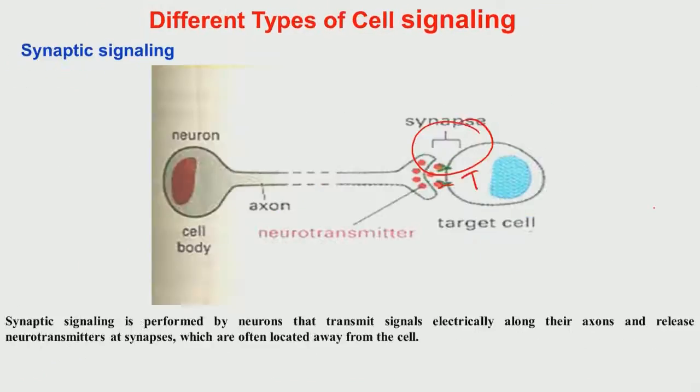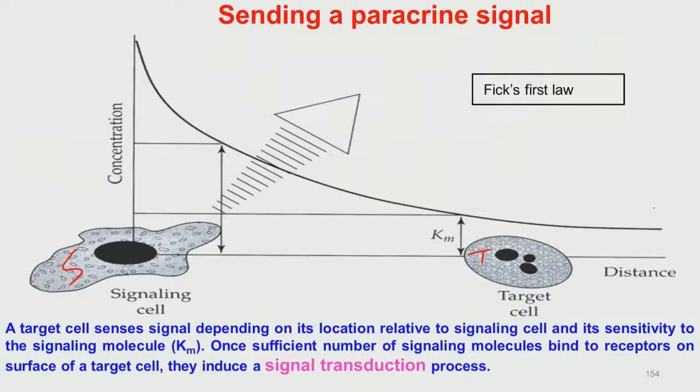Let me first explain physically what this question means. You have two cells, one is a source cell and one is a target cell. Then certainly that source cell has a larger concentration of signaling molecule, C1, and the target cell has a different concentration, which is essentially lower, C2.